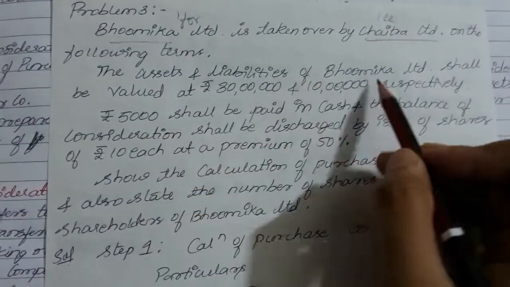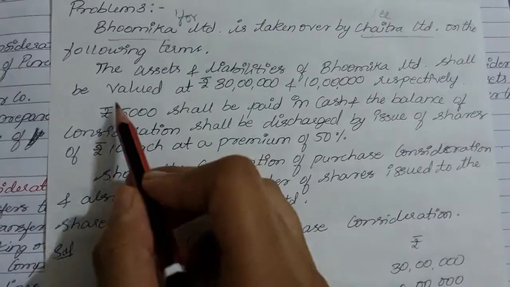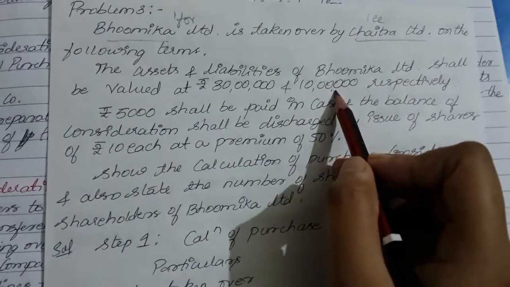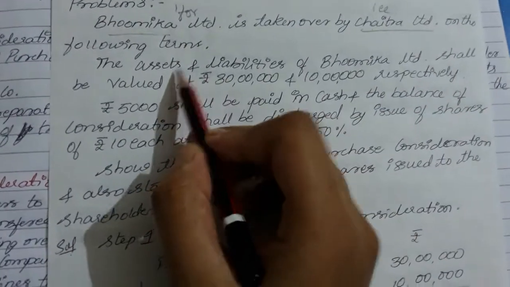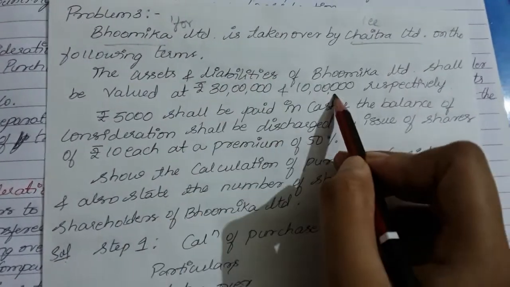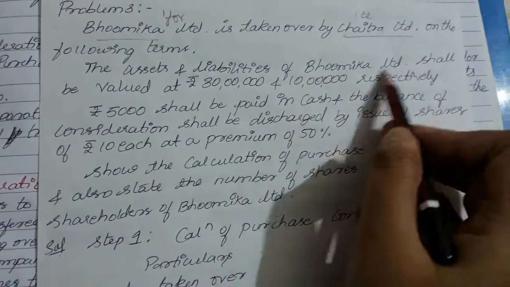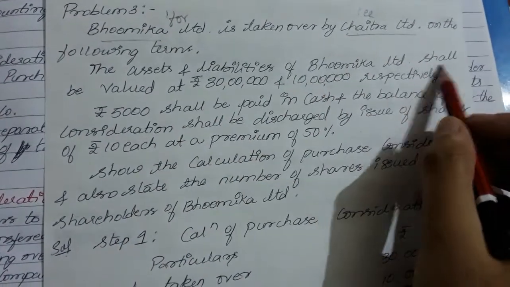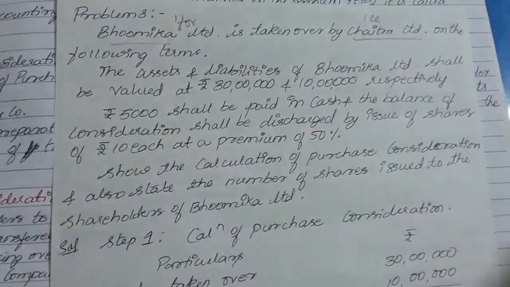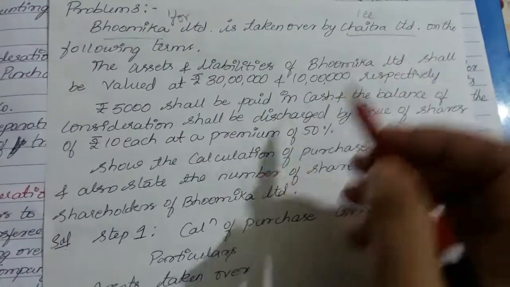The assets and liabilities of Bhumika Limited shall be valued at 30 lakh rupees and 10 lakh rupees respectively. Means assets worth 30 lakh, liabilities worth 10 lakh. So they have given the value of Bhumika Limited's assets and liabilities. Done. So this is the value of assets and liabilities of Bhumika Limited, which is taken over by Chaitra Limited.